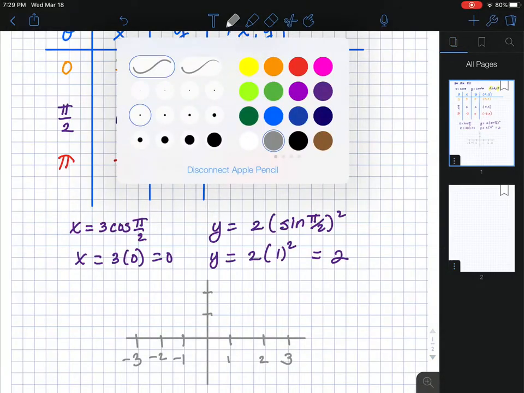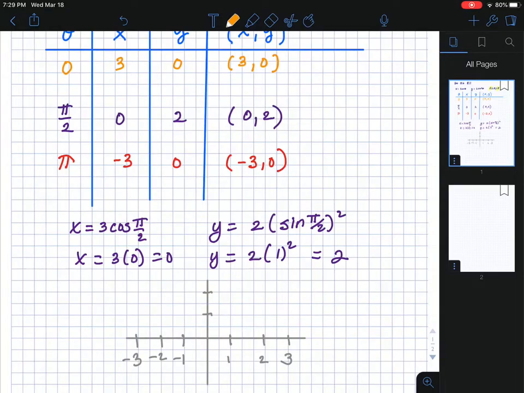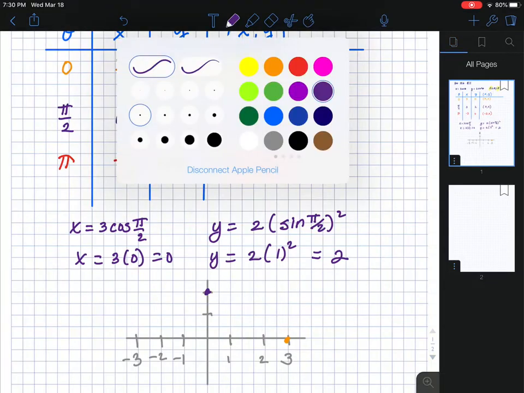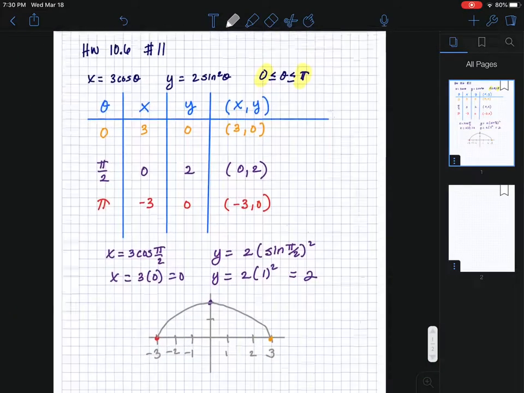So we have our points that we could use: 3, 0; 0, 2; and -3, 0. And there is our graph of it. And that's how we do problem number 11.